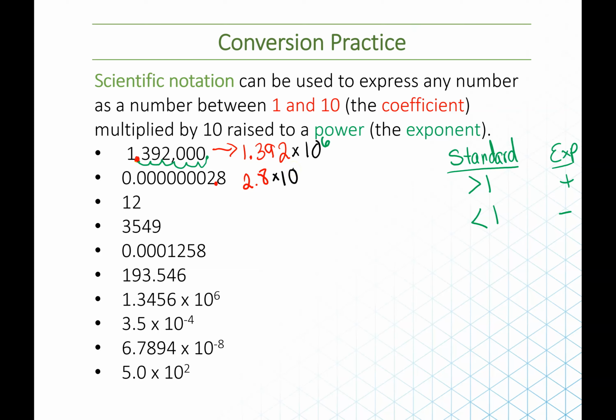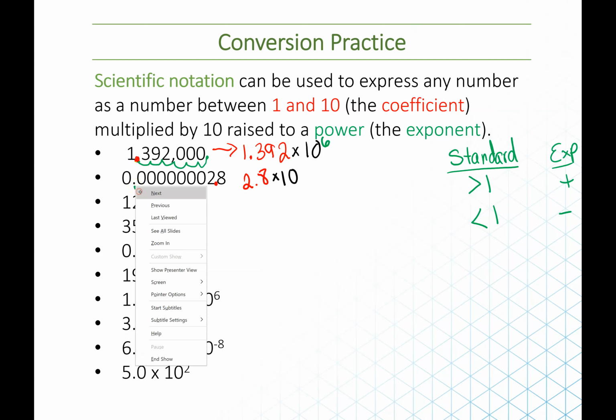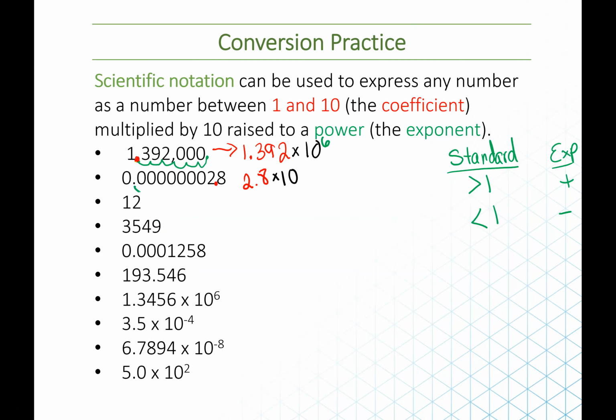Times 10, and we're going to determine our power by counting the number of places between where the decimal started and where we put it to make our number between 1 and 10. So 2.8 times 10 to the 8th. But wait, our standard number was less than 1, so this has to be negative 8.